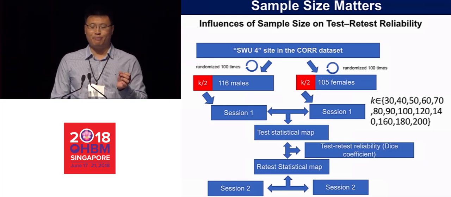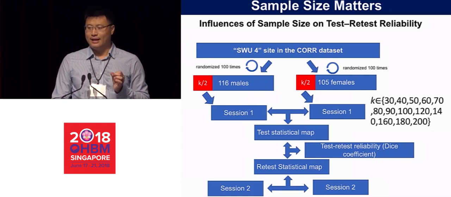We do a comparison for session 1 and session 2 as well, using the permutation test with TFCE. So we see how they overlap with each other. And then we can have a curve growing with the sample size for the test reliability.